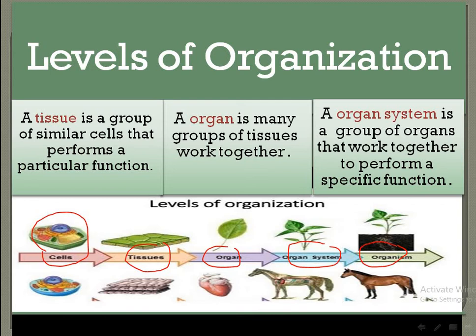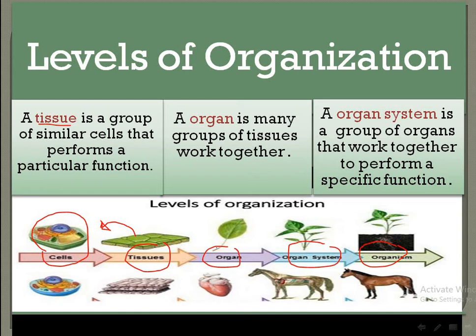An organ system includes your organs, and these organs include tissues. What we mean by tissue is a group of similar cells that perform a particular function. So the tissue is made from many cells. That's the meaning of tissue.